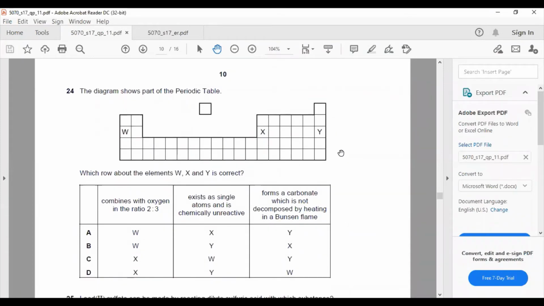24. Question number 24 is about periodic table. W is like this, group 1, this is group 3, this is group 0 or group 8. Which row about the elements W, X, Y is correct?